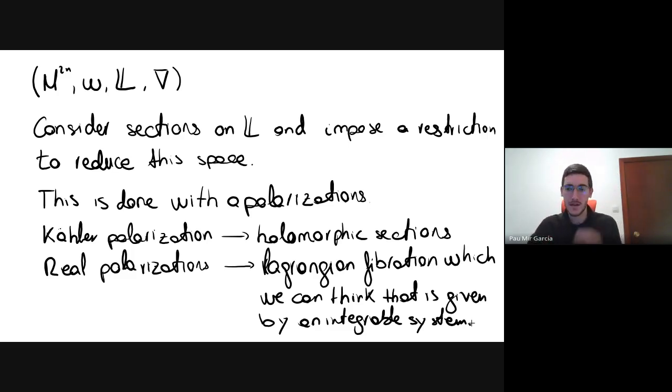But yeah, this is a good point, because we will be using it the other way. In fact, we will take a moment map, and we will consider the polarization that arises from this moment map, and we will consider only sections which are tangent to this polarization. So now we have a smaller space which is made of sections which are tangent to the polarization, which are not all sections, only the tangent ones, let's say.